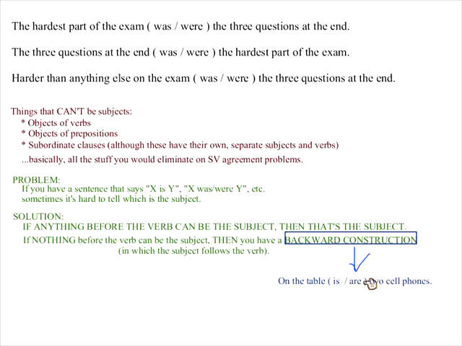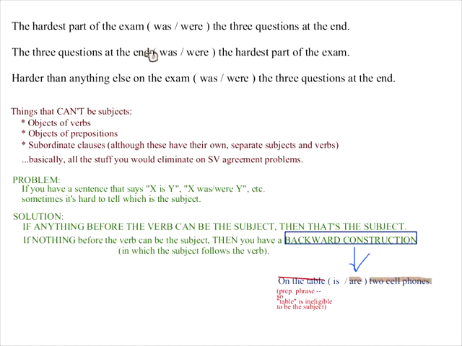Please indicate in the text box, what is the subject? The subject is two cell phones. The reason that's the subject is because this is a prepositional phrase, and so can't be the subject. So table is ineligible to be the subject. The only thing that's left here is two cell phones. That has to be the subject. And so two cell phones are.